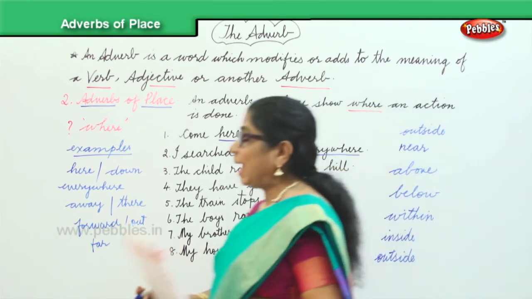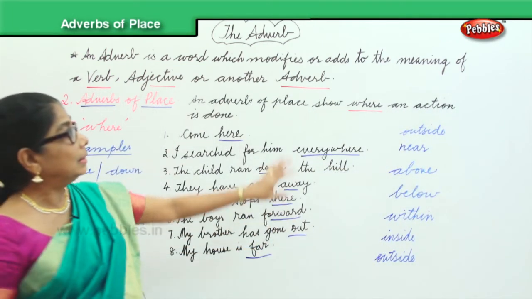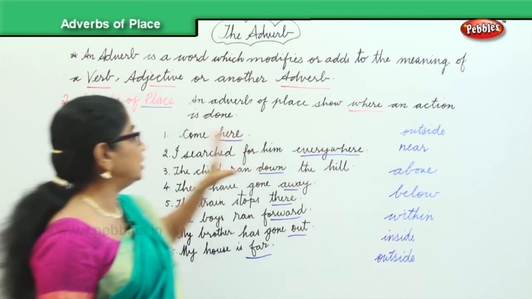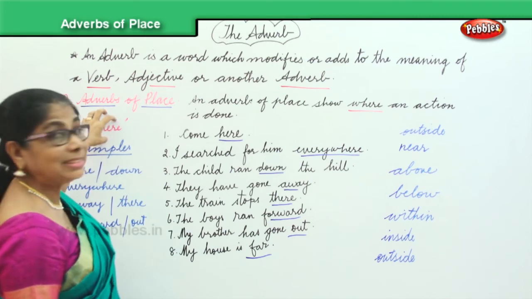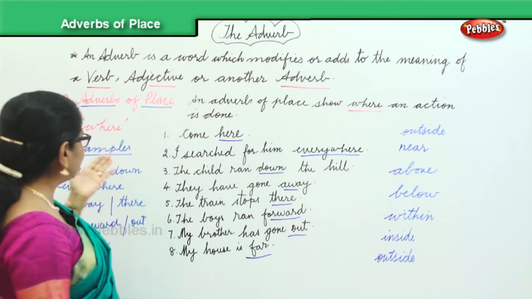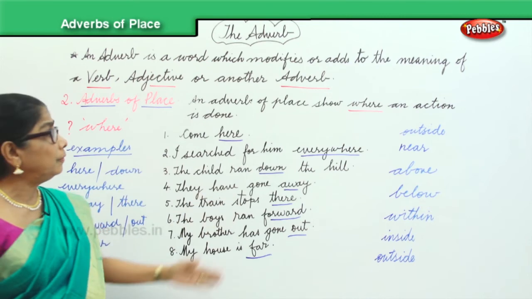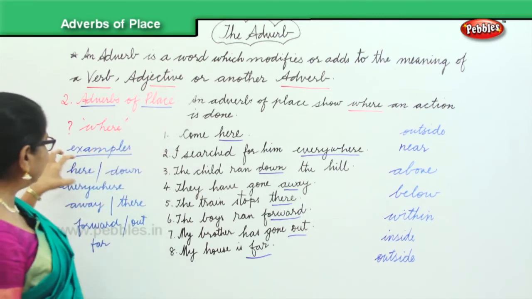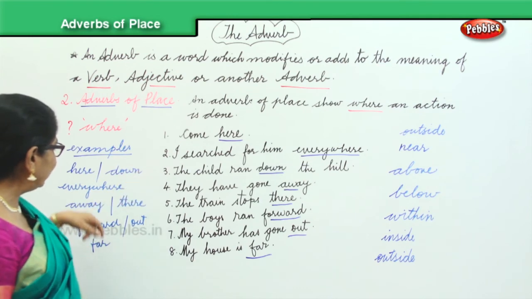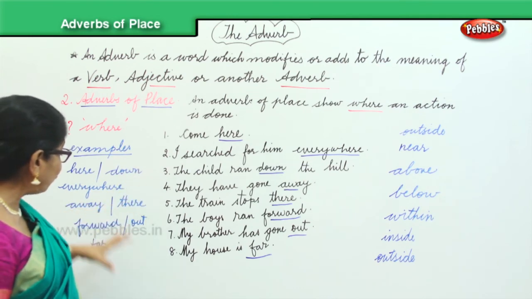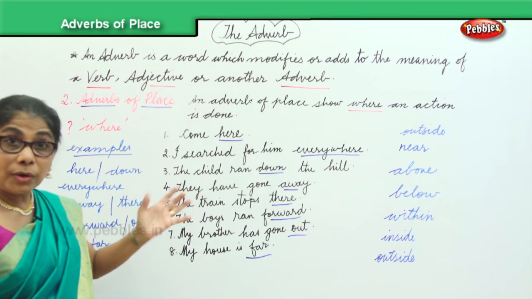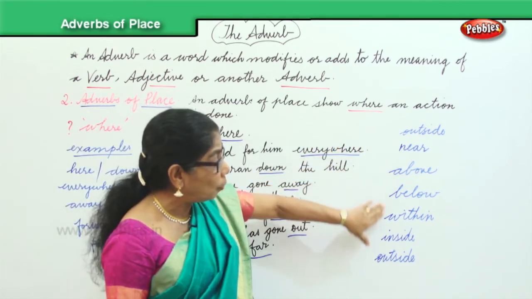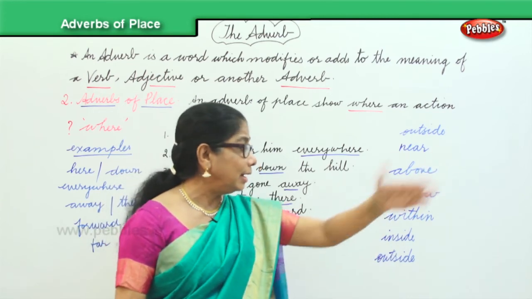Now, the adverbs of place. How do we identify them? They show where an action is done, and they answer the question where. So we have lots of words that tell us adverbs of place, whether it is here or down, everywhere, away, there, forward, out or in, far or near, above, below, within, inside, outside.